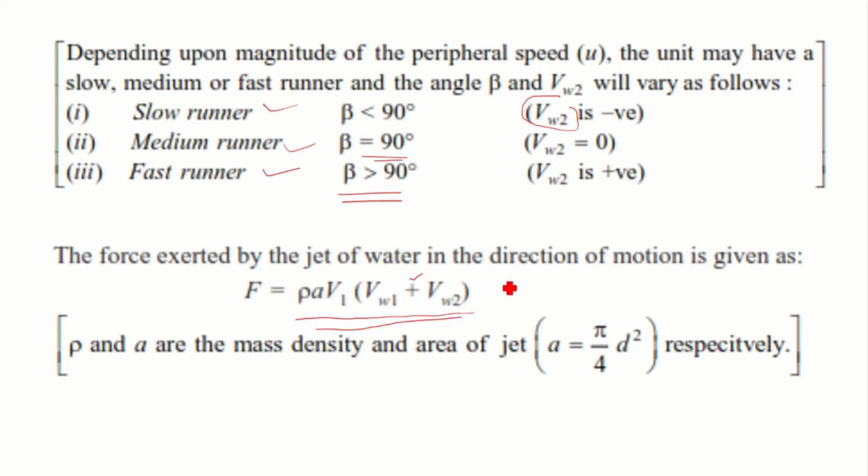The derivation for this term we have already discussed in the earlier videos, so if you want to clarify anything, you can watch that video. Here rho means the density and A is the area of the jet, which is given as pi by 4 d square.